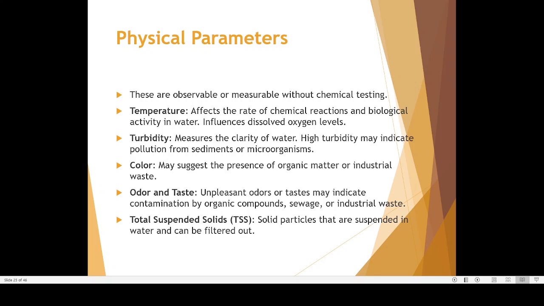Another factor is the color. It may suggest the presence of organic matter or industrial waste. For example, if you have water that is deep red in color, it may indicate that the water contains a lot of iron. Similarly, if there is a lot of copper, then a bluish color can appear. So the color is an indication.